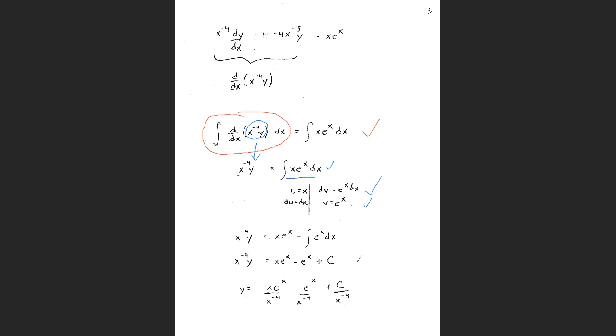And so, as you know, the integral of u dv equals uv minus the integral of v du.